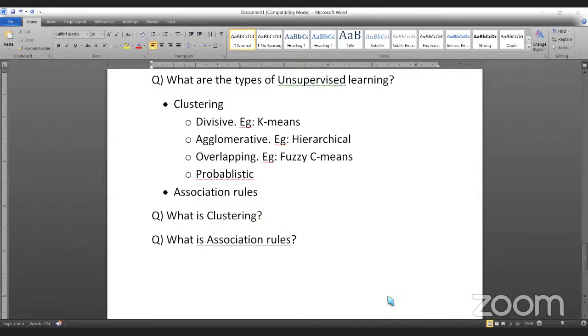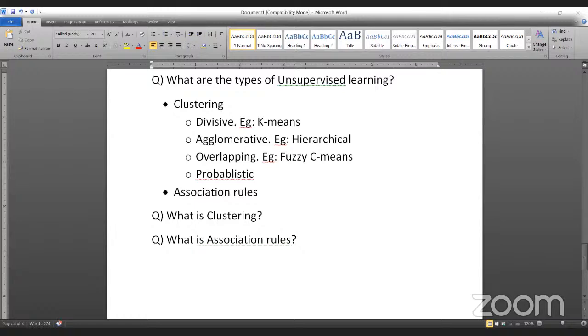So this is an unsupervised technique in which we discover interesting relationships between two or more variables in a very large data set. For example, if people buy a new home, they are most likely to buy new furniture as well. So buying a new home is associated with buying new furniture.